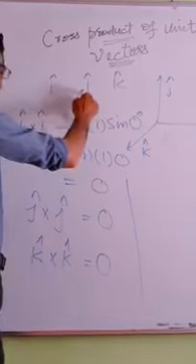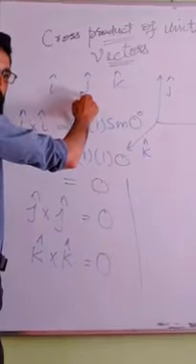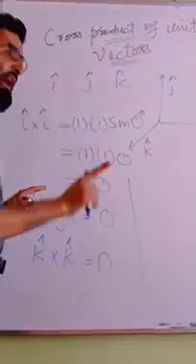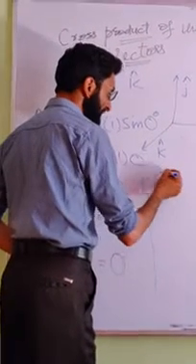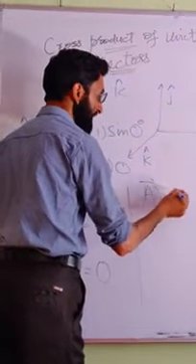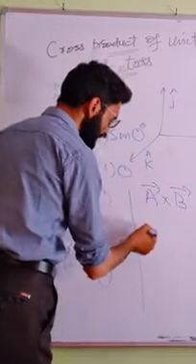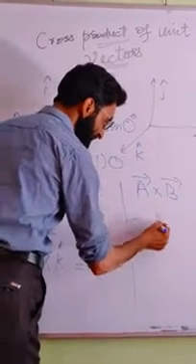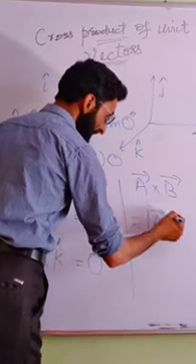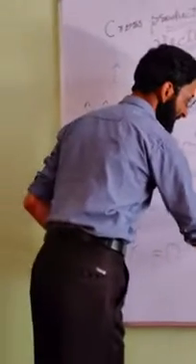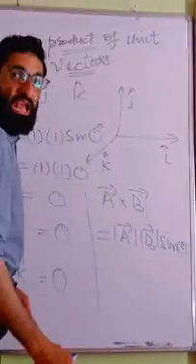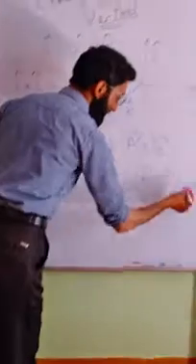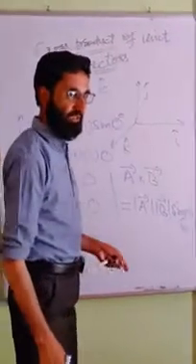Now we have to find the cross product of i cap and j cap. In fact, once again I will mention here, when we take the cross product of a and b, what we have to write is the magnitude of vector a, the magnitude of vector b, the sine of the acute angle between them, and we have to write the unit vector n cap here.